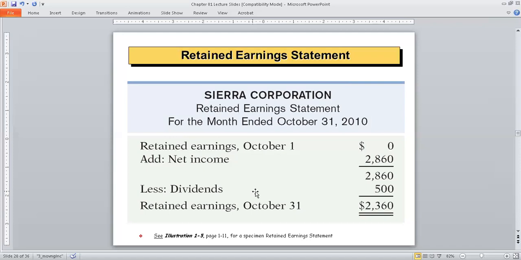So normally this is going to be a dollar amount. It's only 0 in this illustration because in the Sierra example, it was the first month in business. Right? But it's very simple. Beginning retained earnings, add net income, subtract any dividends if there are, and that gives you your ending retained earnings. The easiest financial statement to prepare.